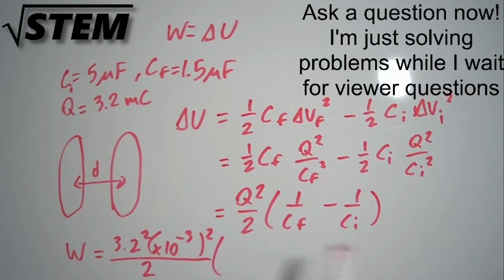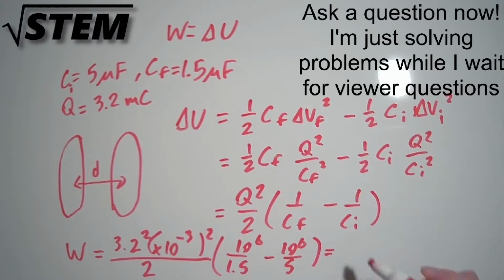The final capacitance is 1.5 on the bottom, 10 to the negative 6 on the bottom would be 10 to the positive 6 on top, minus 5 on the bottom, 10 to the 6th on top.